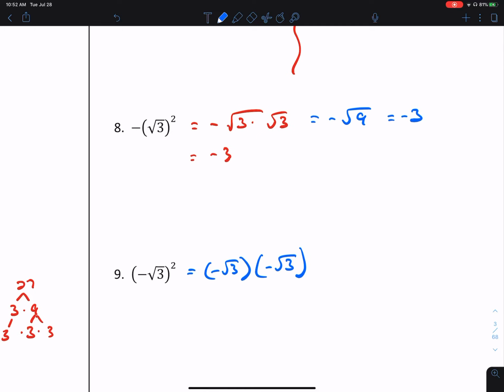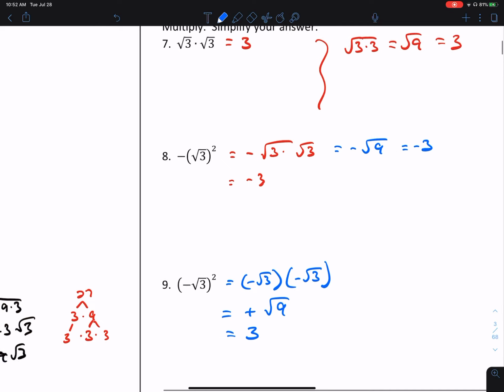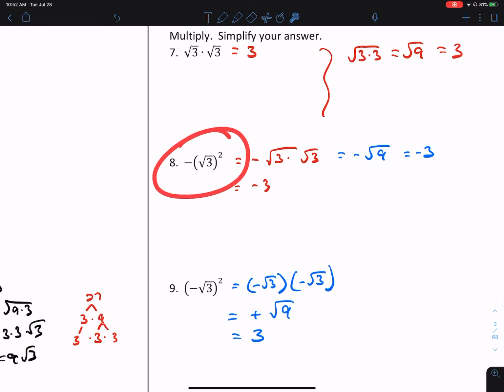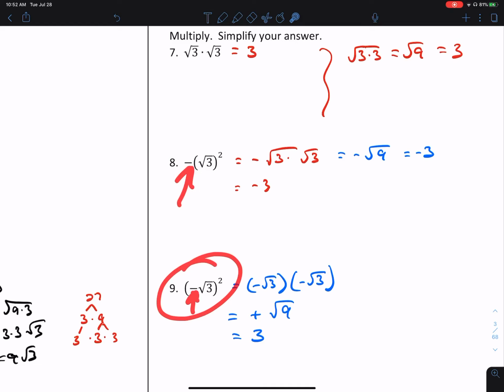A negative times a negative is a positive. I'm putting the plus for emphasis. And as we've just figured out in the last 3 problems, the square root of 3 times the square root of 3 is 3. If you want to write it as square root of 9 first, that's fine. So this just becomes 3. This problem has to be negative every time. This problem has to be positive every time.